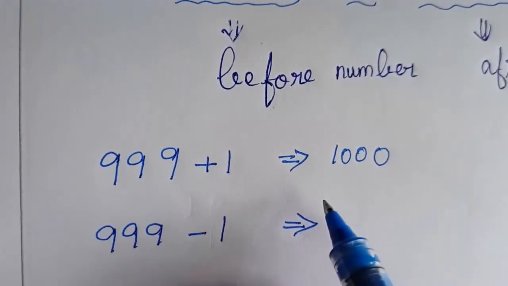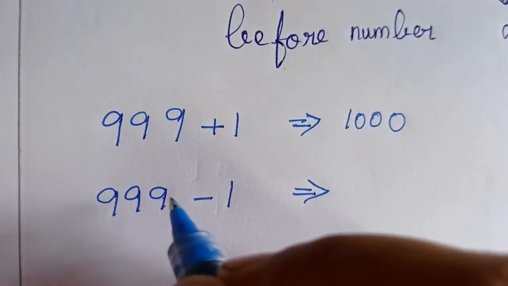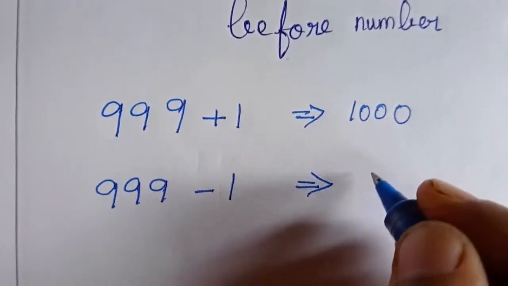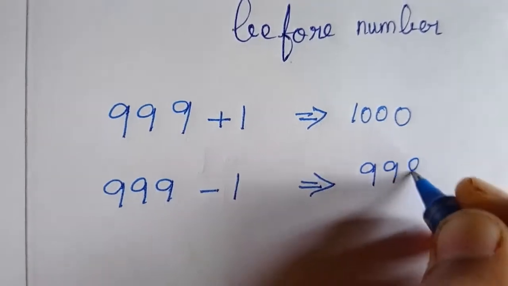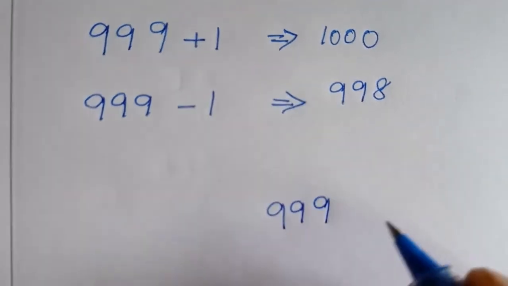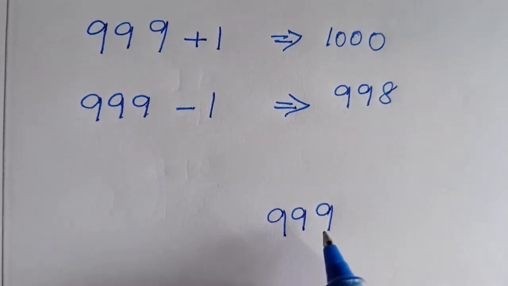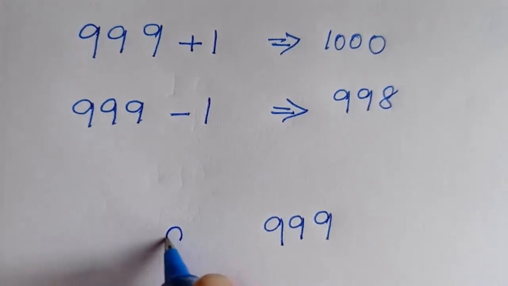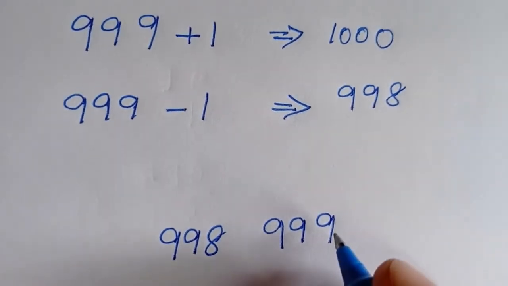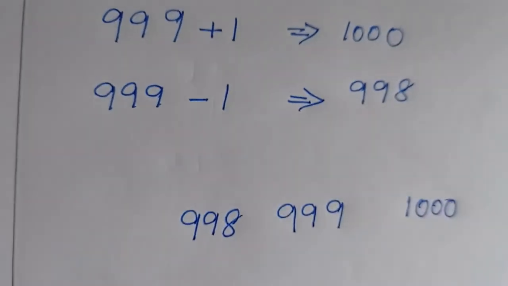In 999, subtract 1, so what will you get? 998. So 999 is the between number, and if you subtract 1 from this number, you get the predecessor of 999, and if you add 1, you get the successor of 999.